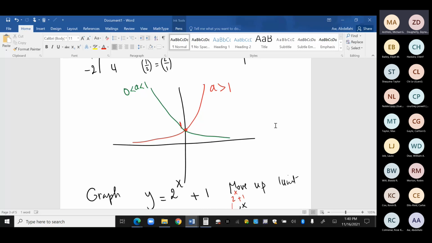Yes. The red one passes the horizontal line test, the green one passes, it doesn't matter, they all pass the horizontal line test, right? Okay. Any function that passes the horizontal line test, they are called what? Do you remember 4.2? We call them what?